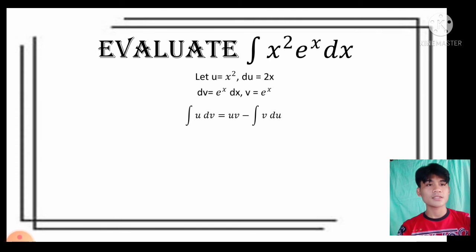Then the same process, just substitute the given into our formula. We come up with the integral of x squared e^x dx is equal to x squared e^x minus 2 times the integral of x e^x dx.